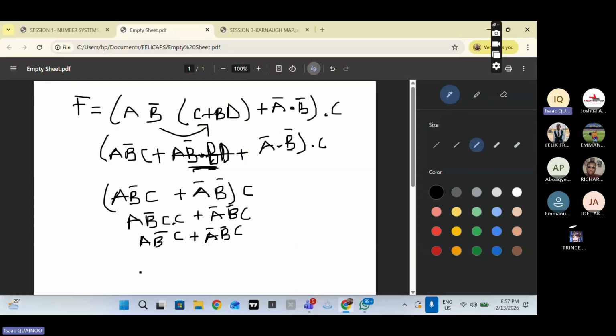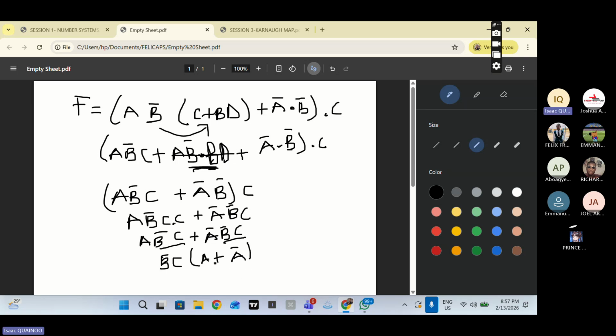All right, so we can progress from here. Progressing from here, what can we factor out again? We can see B prime C here, and we can also see B prime C here, right? So we can factor it out here. So we have B prime C, and then what do we have left? We have A plus A prime.